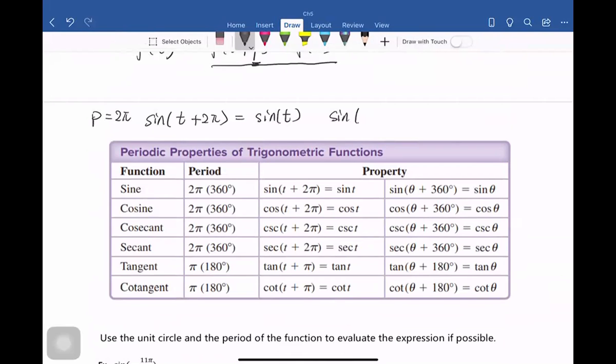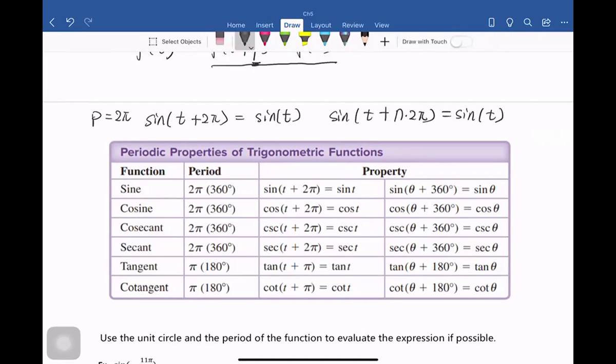Also sine of t plus n times 2 pi still equals sine t. It's very similar to the coterminal angle, because we have learned that if we add 2 pi to t, the coterminal side is still the same as t.